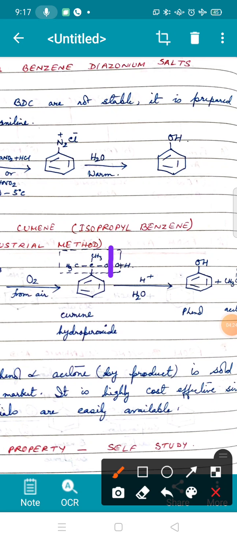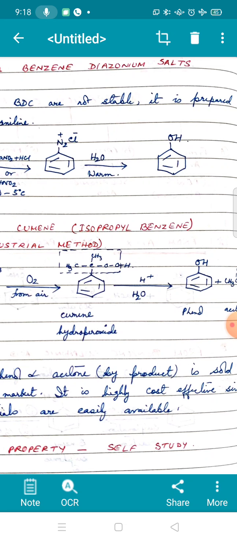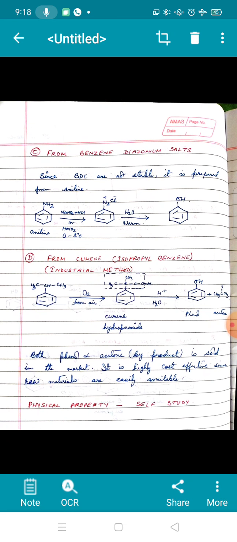And the byproduct acetone is also very important reagent, and it is sold in the market. So this is very cost effective method because oxygen we are using from the atmosphere, for which we need not pay any money. Sulfuric acid is easily available, and both the products are equally important in the market, so they sell off very well. So the person who is setting up the industry is making good money.